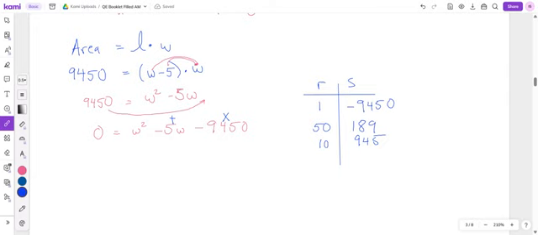No. Does it go by 90? 9450 divided by 90. Okay, that's helpful. So 90 times 105 still doesn't give us our minus 5. 9450 divided by 95? Nope. No.